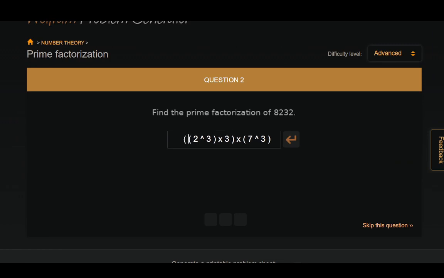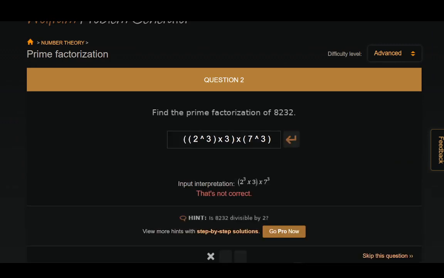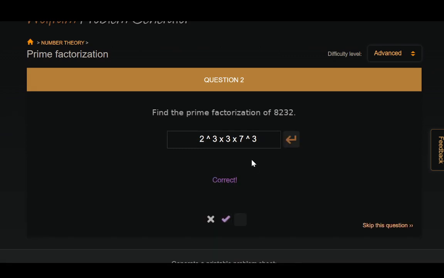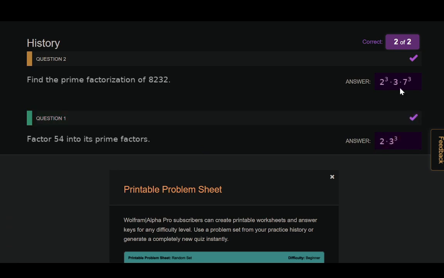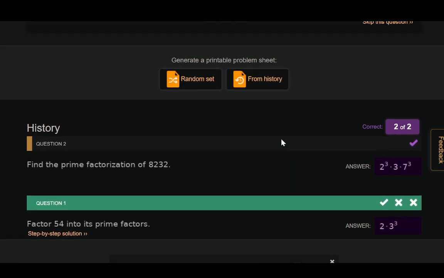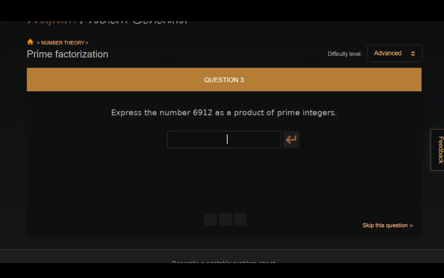Are you happy to accept that? 2 cubed times 3 times 7 cubed. Yeah. I'm pretty sure that is right. There we go. Okay, so we had to have a city destroyed from typos again, but we've only had like 3 cities destroyed today. That's pretty cool. That's not a bad outcome.